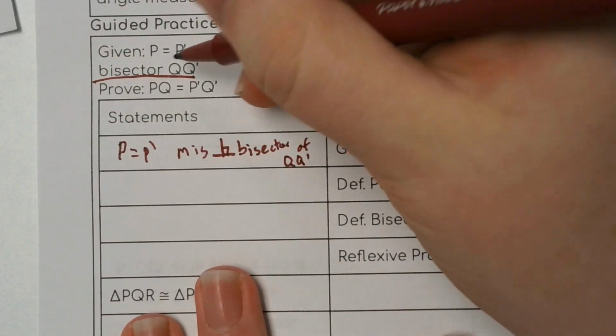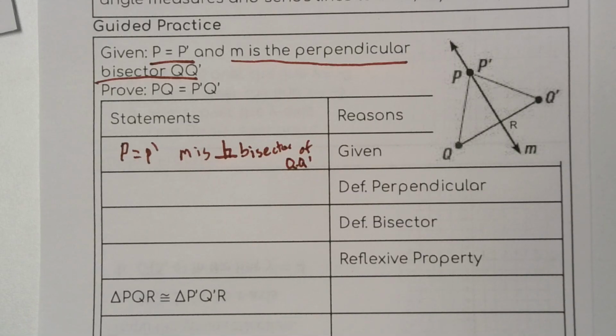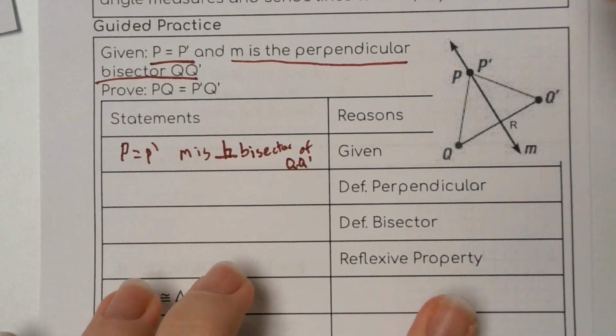So we literally just copy our givens down for that first line there. Well, what does perpendicular mean? It forms a what type of angle? 90-degree angle, a right angle.